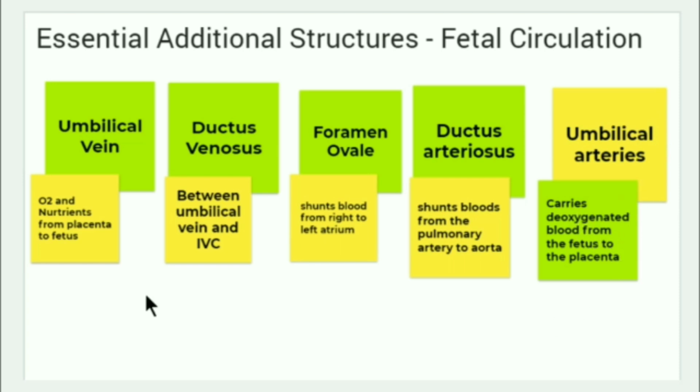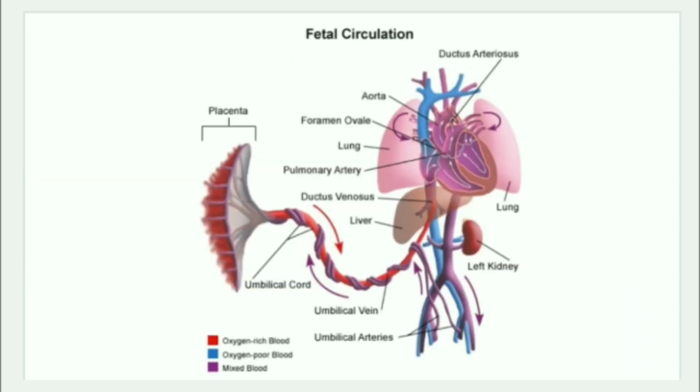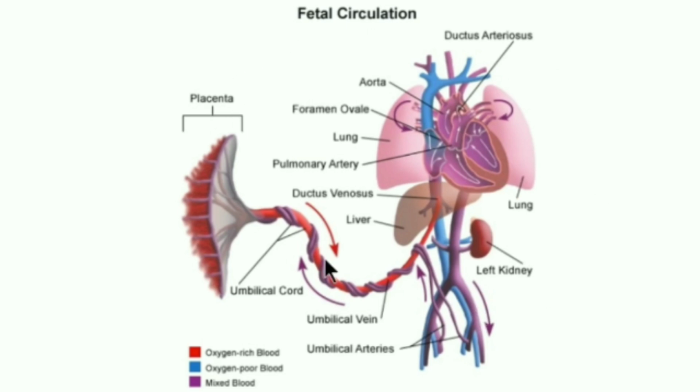Umbilical arteries are two in number. So this cycle continues: oxygenated blood is carried through the umbilical vein to the fetus and deoxygenated blood is carried from the fetus to the placenta. So that is about the important structures in fetal circulation.